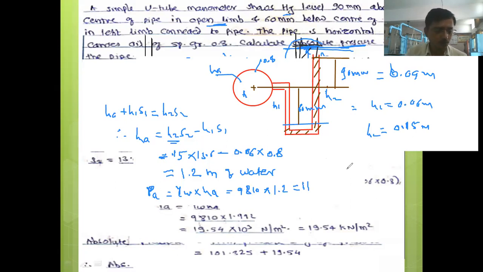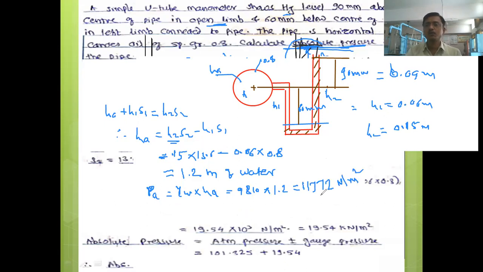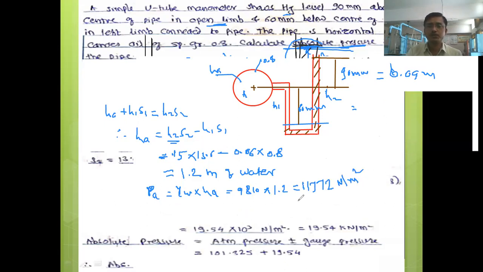It has come 11772 Newton per meter square. Or in kilonewton, we need to write this value in kilonewton because the atmospheric pressure value is in kilonewton. So 11.772 kilonewton per meter square.